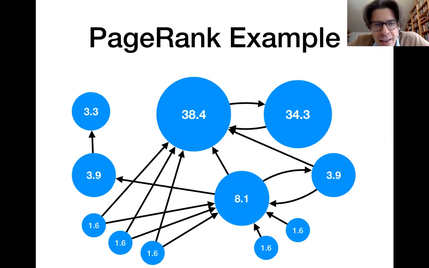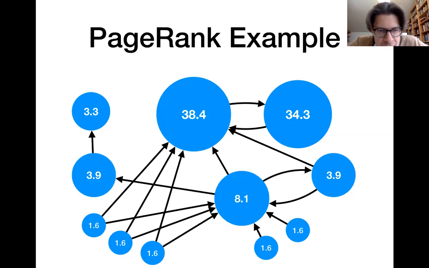Now, this is a little example to illustrate the PageRank algorithm. Here we have websites represented as nodes, those blue circles, and links represented as the arrows between the circles. In those circles, you see the PageRank value scaled to a total value of 100 if you add up all of that.